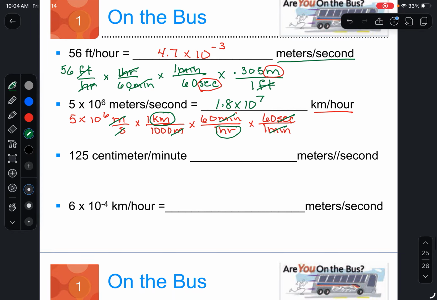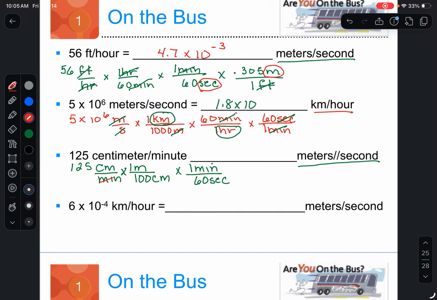Okay, let's try another one. So we have 125 centimeters per minute, and you're going to meters per second. So we know in 1 meter, we have 100 centimeters, and we know in 1 minute, we have 60 seconds.